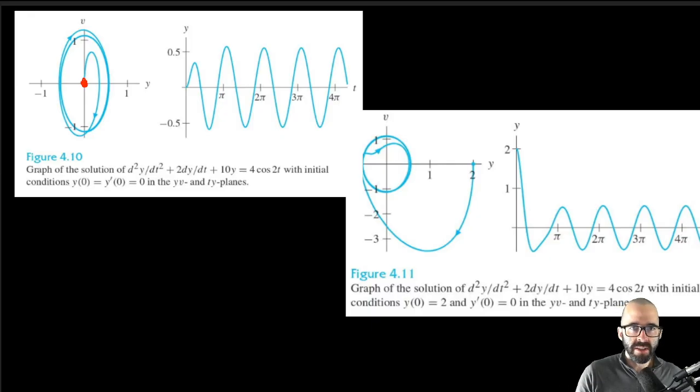So maybe it's a spring on a table and we're either shaking the table in periodic motion or tilting the table in periodic motion. This initial condition, y is initially 0. This is spring is initially at rest. And v is initially 0 as well. This is completely at rest.